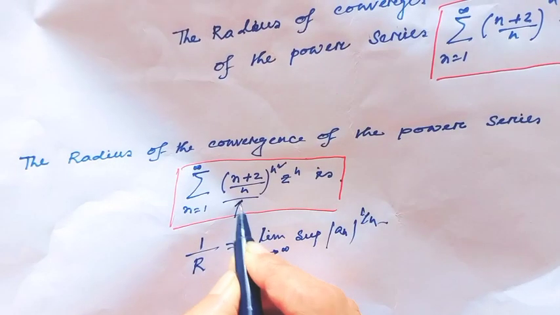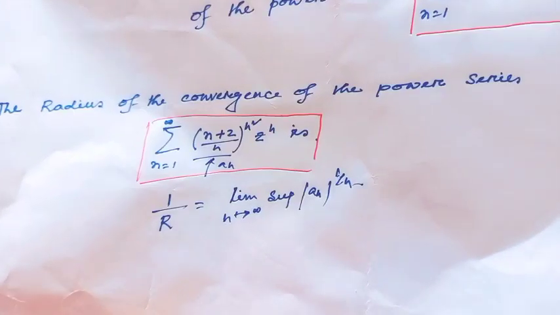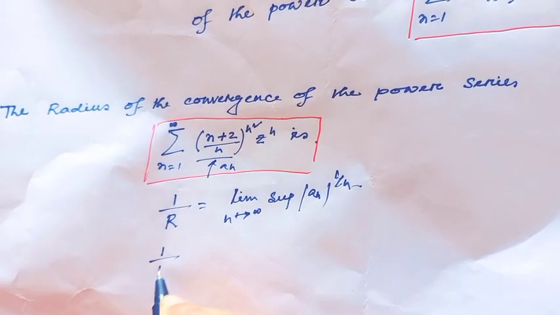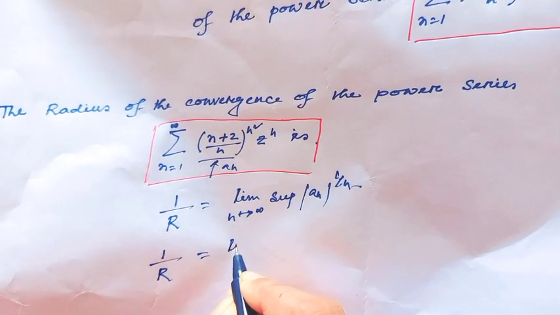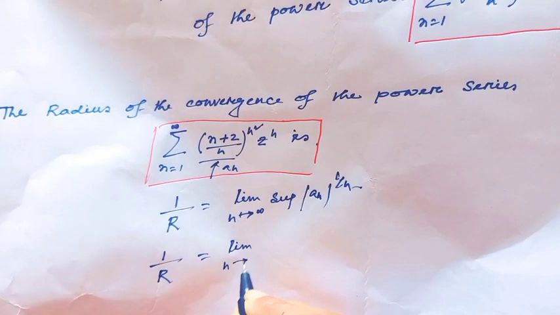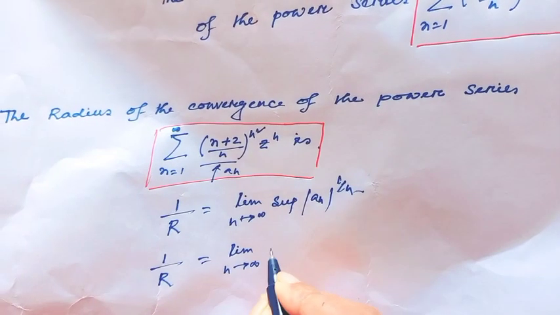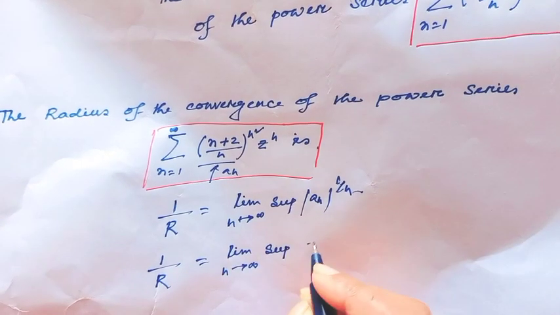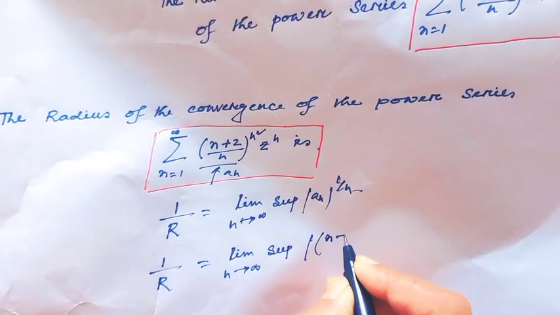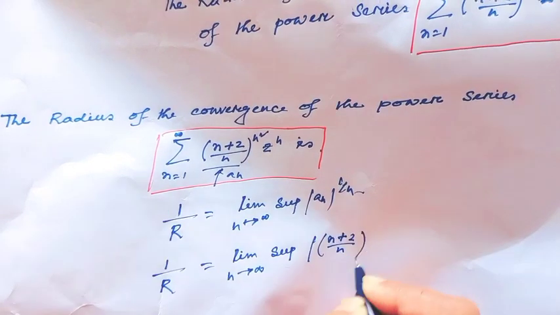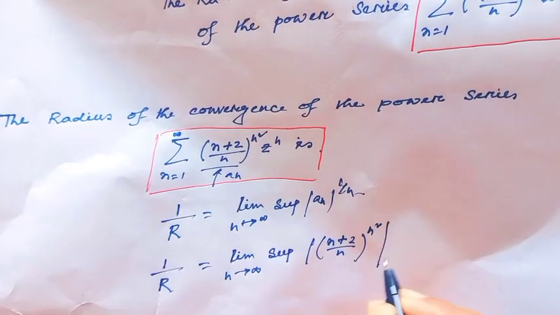Consider this part is a_n. Therefore, 1 over R equal to limit as n tends to infinity, consider this part is only n, supremum of ((n plus 2) over n) to the power n squared.